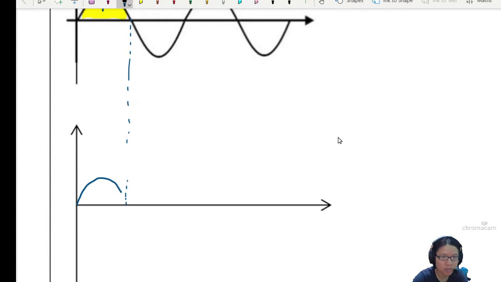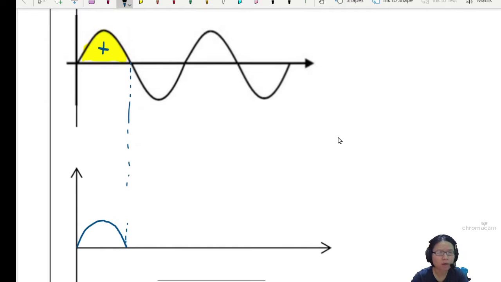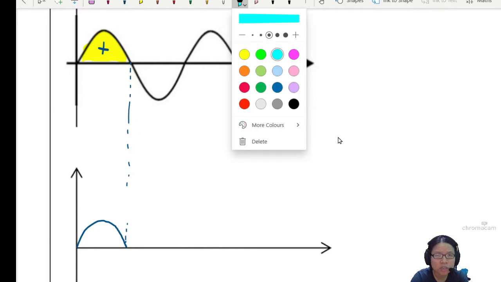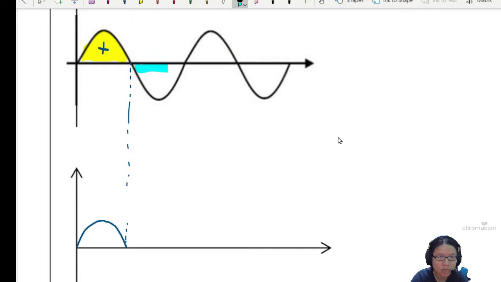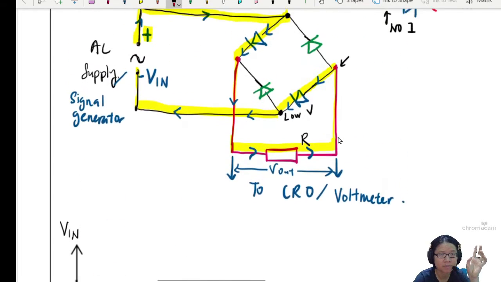No problem, sir. But the $100 million question is, what about the negative side? This negative side, are we going to get also current flowing in the same direction? Or will it be caught somewhere and cannot flow? Well, I'm happy you asked because we are ready to go through the process all over again. Let's say this is the negative cycle.